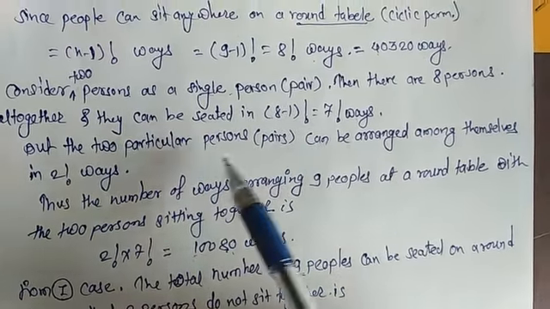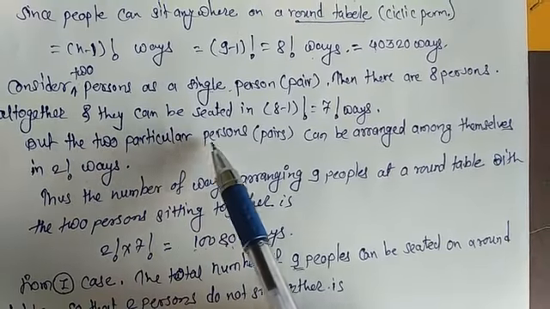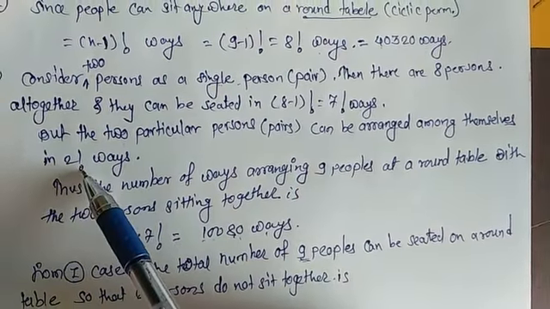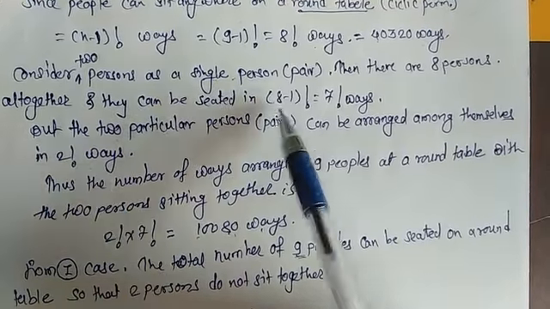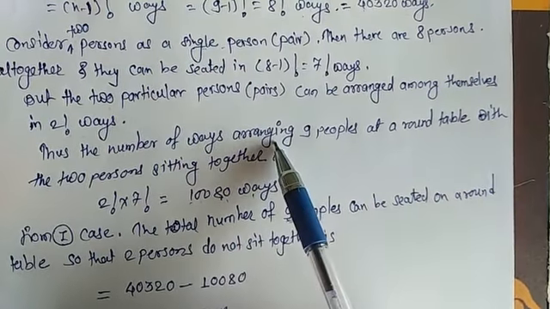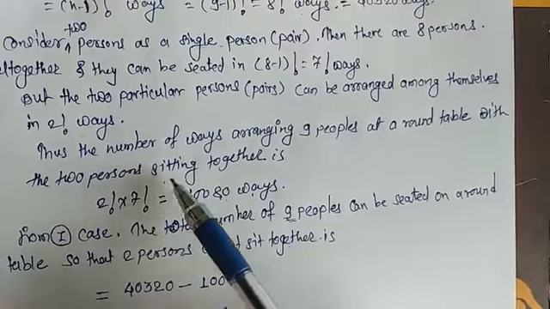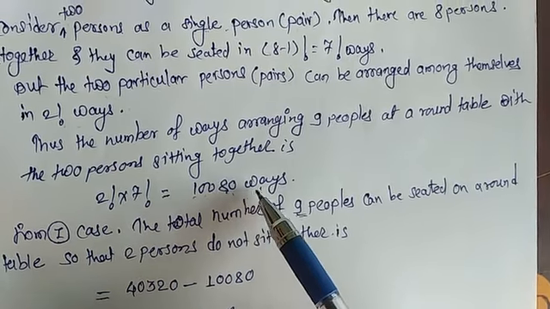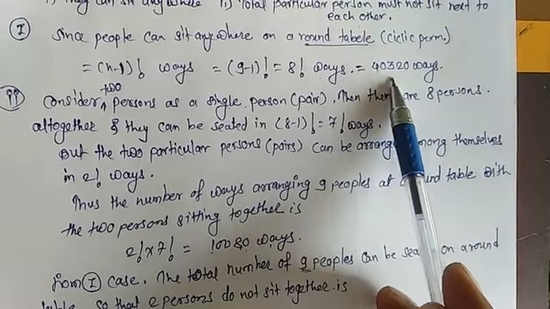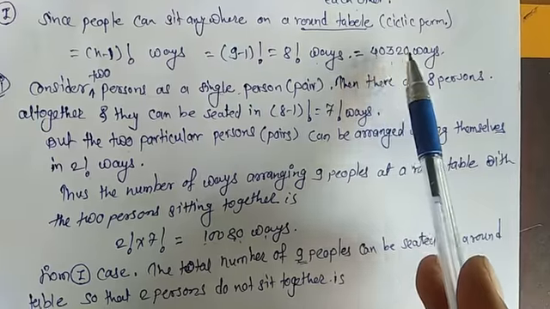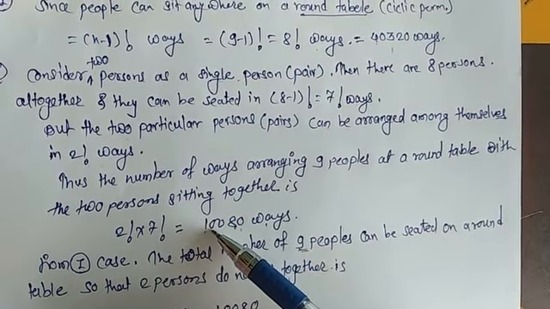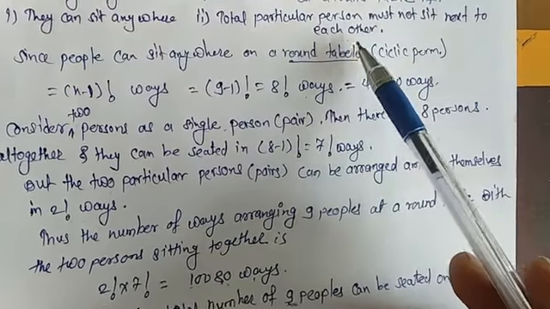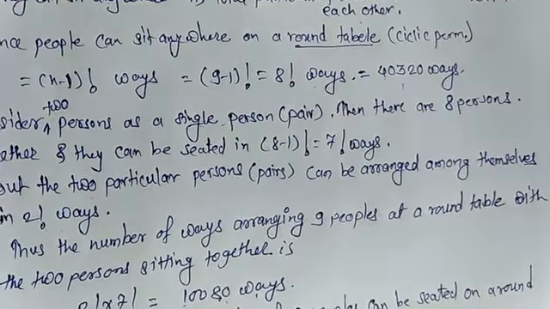After that, 2 factorial comes from the 2 particular persons being arranged among themselves in 2 factorial ways. The product of these gives the number of ways of arranging 9 people at a round table with 2 persons sitting together: 2 factorial into 7 factorial, which is 10,080 ways. And from the 9 persons sitting round a table, we subtract 40,320 minus 10,080. We will get the required answer for the persons not sitting next to each other, which is our required solution.